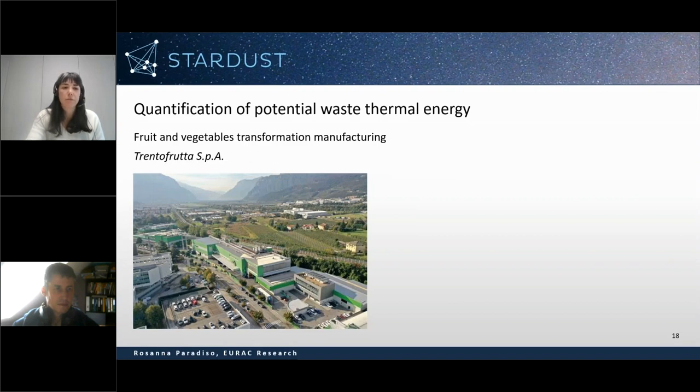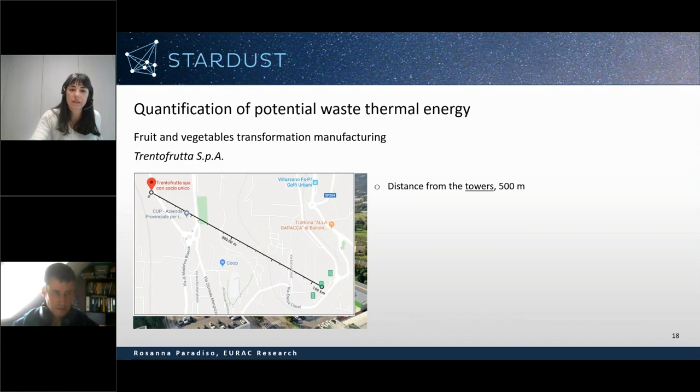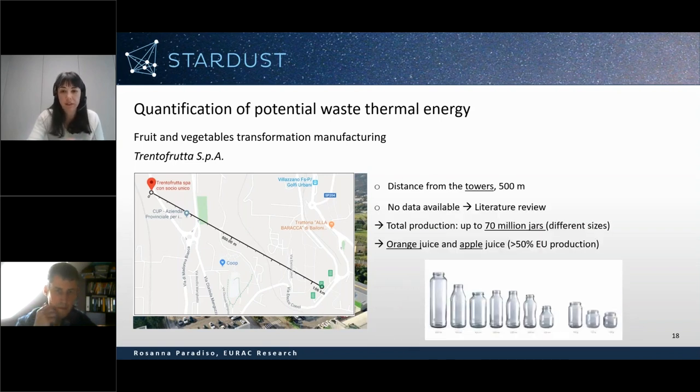This is instead fruit and vegetable transformation manufacturing, Trento Frutta. So it is 500 meters far from the towers. It's a big company producing semi-finished or finished products, fruit juice, and they sold them to other companies in bottles or in different sizes of jars.